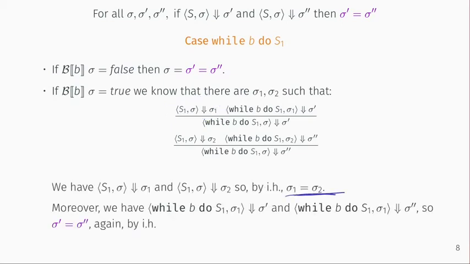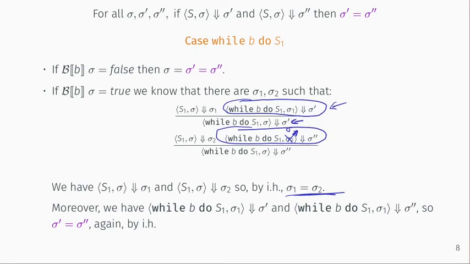So this is what we get. Therefore, we can replace here sigma 2 by sigma 1. And again, now we have here the property that we want to prove, the same statement, the same initial state, but now it's applied to a judgment whose derivation is a child of the root derivation on which we want to prove our property.